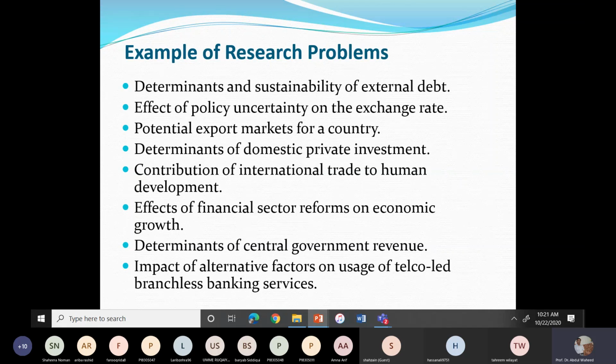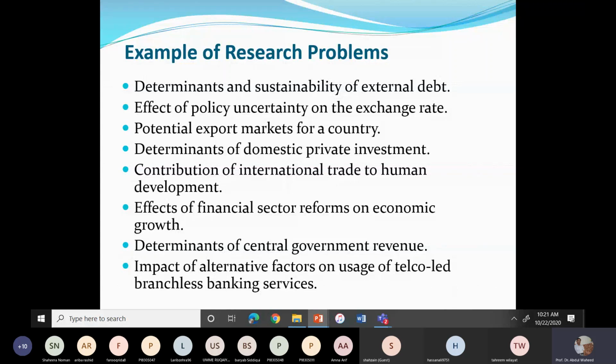And on these research problems, I, with my MPhil student and PhD student, we did research. Okay, and research papers were produced.